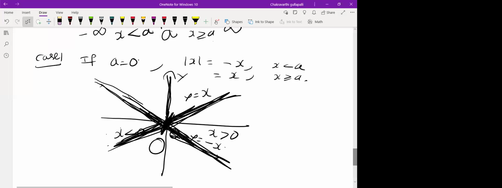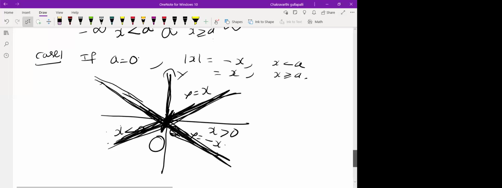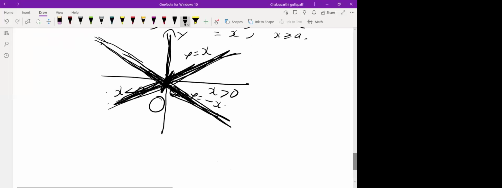Breakpoints are the points where the function may or may not be continuous. When there is no break at a point, the function will always be continuous and differentiable graphically. There is no break at all. That means at every point here, minus 1, minus 2, minus 3, the function is smooth.